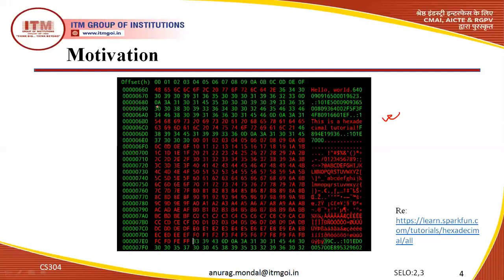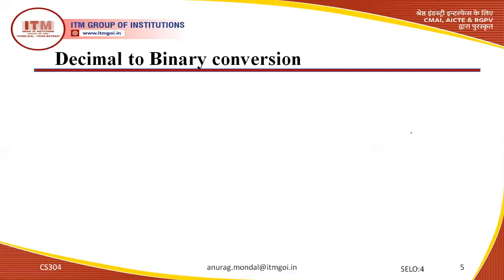So we need conversion between number systems, then only can we represent any number system in any other number system. That is why today's lecture is the most important part of the number system. Now let's move on to the main topic.